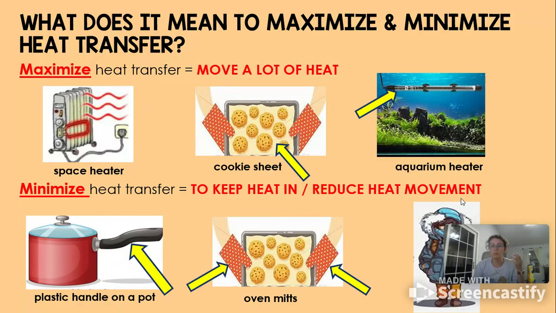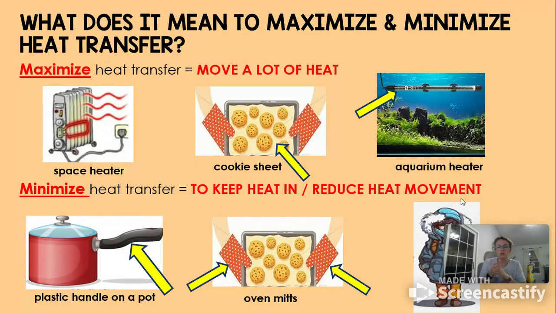Now, minimizing means we don't want heat. You don't want to reach into the oven and burn your hands because you're using a conductor. You want something to keep heat in or keep heat out. So think about the plastic handle on the pot. The reason why we have that plastic handle is so it doesn't get hot. Our hands don't burn every single time we touch a pot.